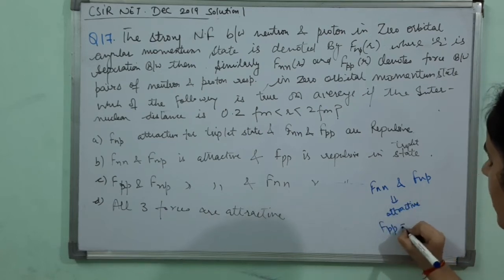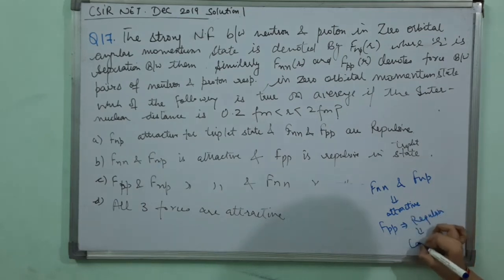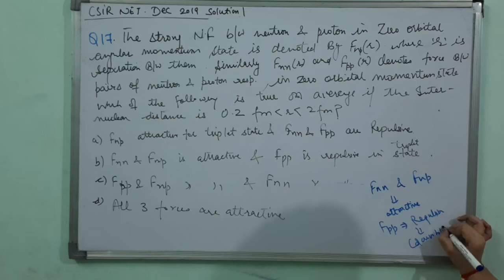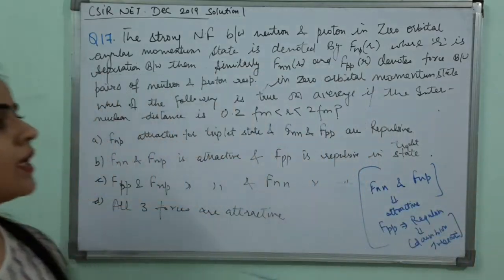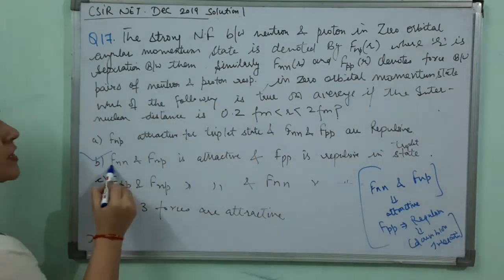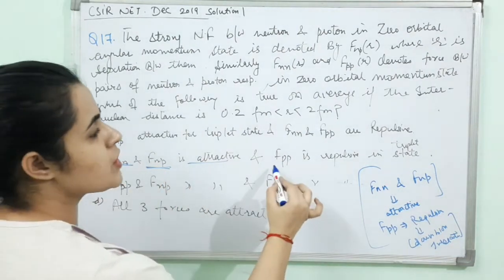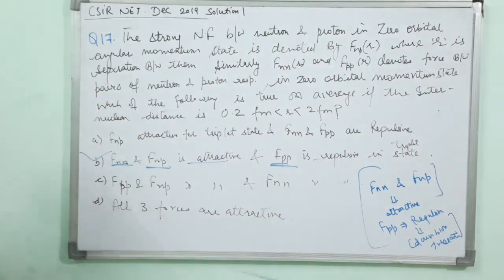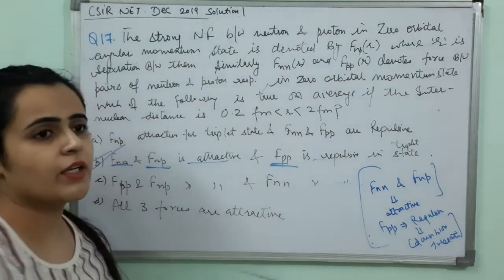Similarly, F_pp will be repulsive, the reason being Coulombic interactions. So with that concept, the force between neutron and neutron and between neutron and proton is attractive, and the force between proton and proton is repulsive. So option B is the correct answer.